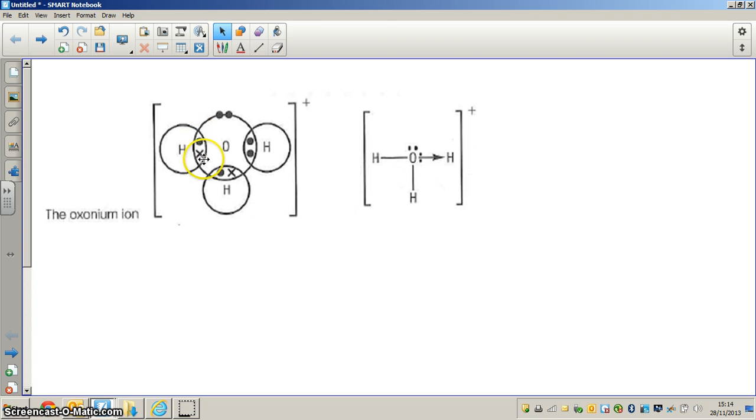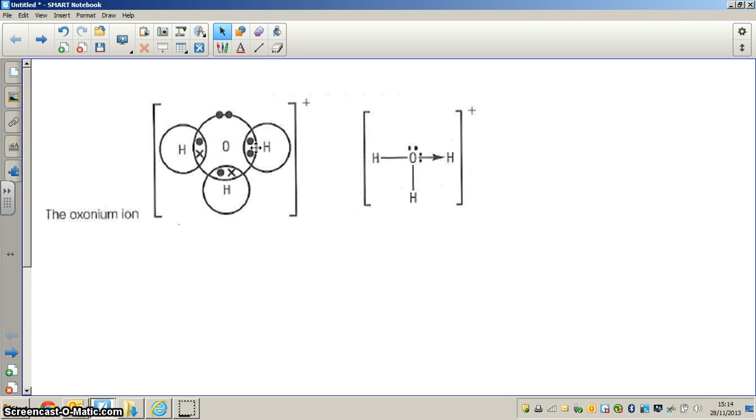There is one, it's an electron from both the oxygen and an electron from the hydrogen being shared in the space where the outer shells overlap. Here's another normal covalent bond with two electrons being shared, and here's our dative covalent bond. And it's dative because both of the electrons in this case in the bond come from the oxygen atom.